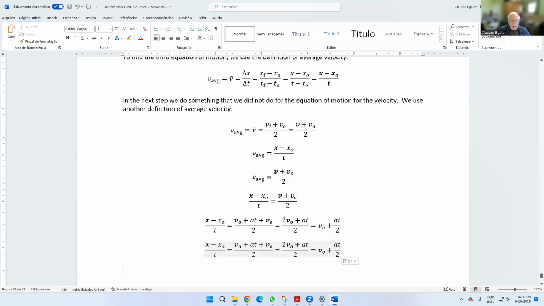And x minus x naught, here you go, like that. I'm going to take out the boldface here because we don't need that anymore. And now what we have to do is solve for x. We have to get our last equation of motion.